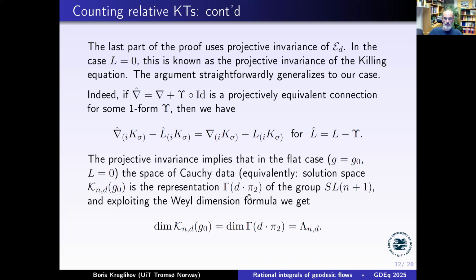In other terms, we take the second fundamental representation with multiplicity d, and that's the corresponding representation. Okay, and since we know the representation, we can exploit the Weyl dimension formula, and we get that the dimension of this thing is precisely this, lambda n d over 6 factorial, and that's the dimension of the space of Killing tensors for constant curvature metric.